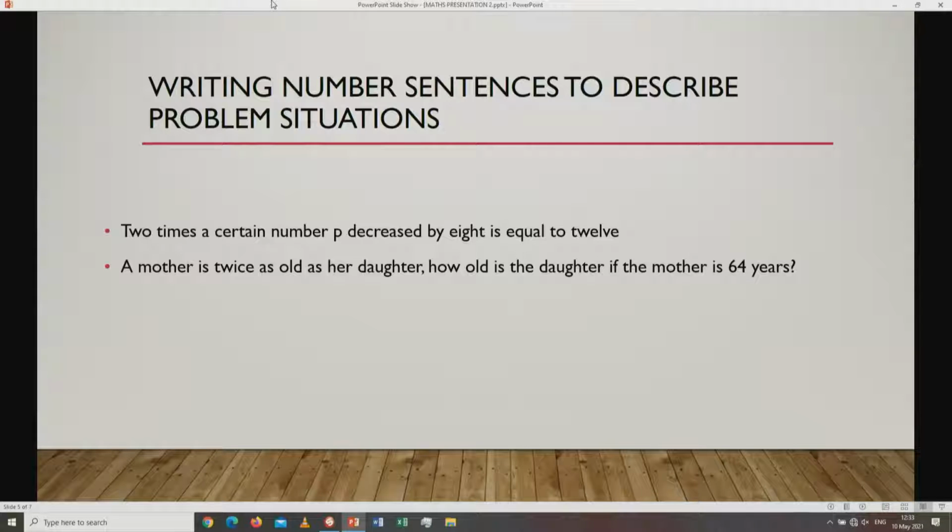Now, how old is the daughter if the mother is 64 years old? Right.